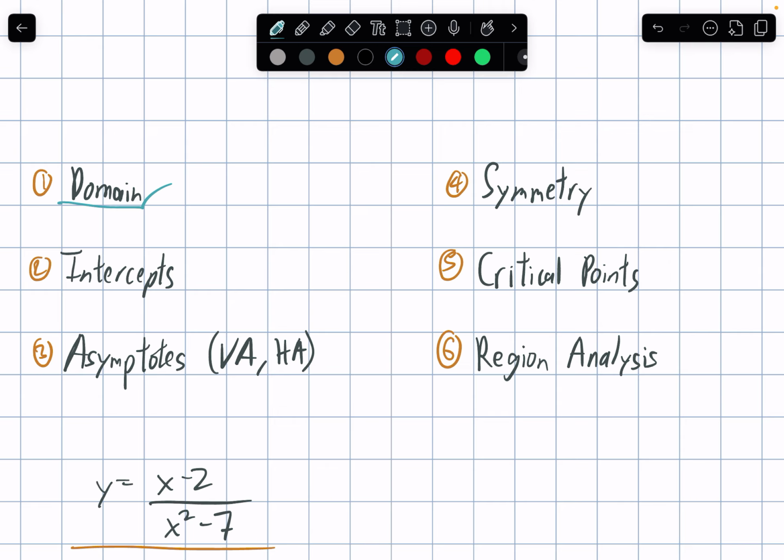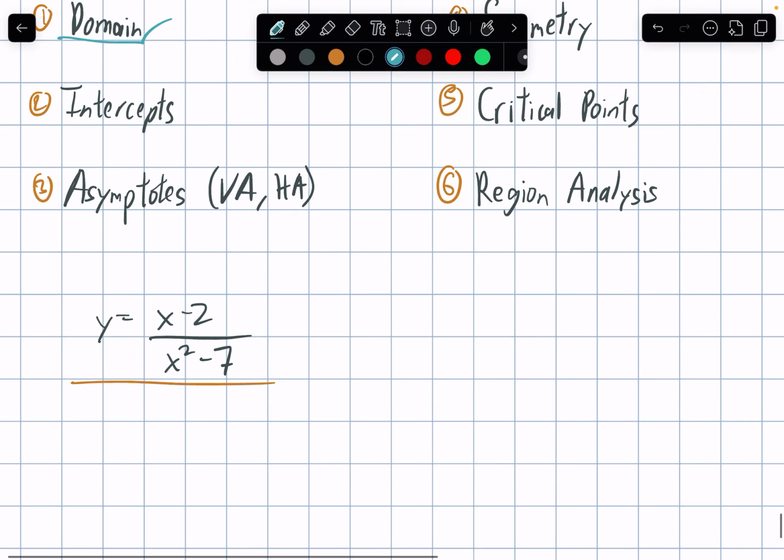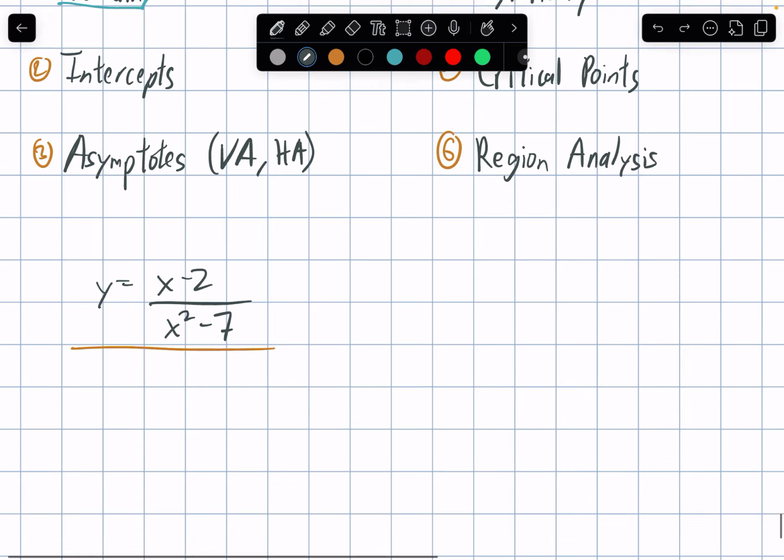But it's a different story for rational functions, such as what we have right now. As long as we see a fraction, basically a numerator and a denominator, there is a good chance that we would have a value that is going to make the function undefined.